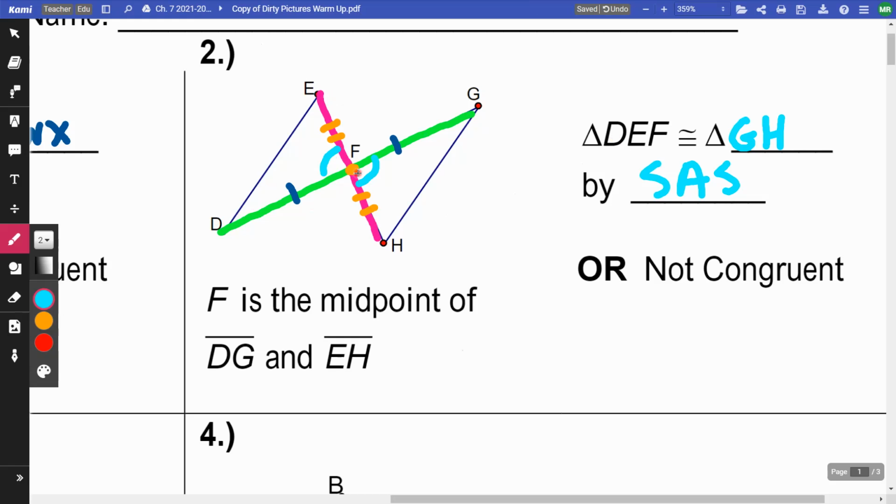And then F is here in the middle for both of them. Okay, and again, this statement, triangle DEF congruent to triangle GHF, the order matters. D corresponds with G, E corresponds with H, F corresponds with F. We call this a congruent statement. So if they ask you to make a congruent statement, that's what they mean.